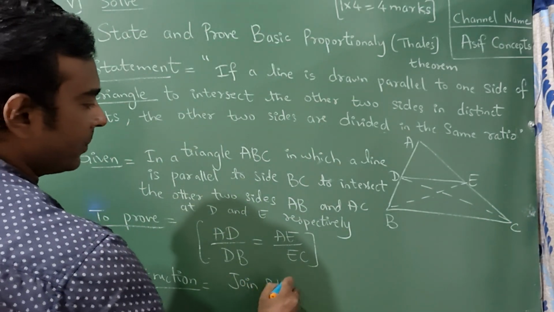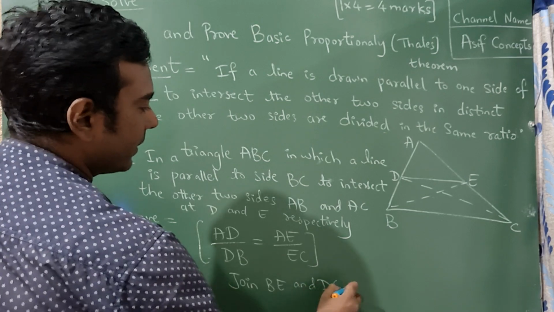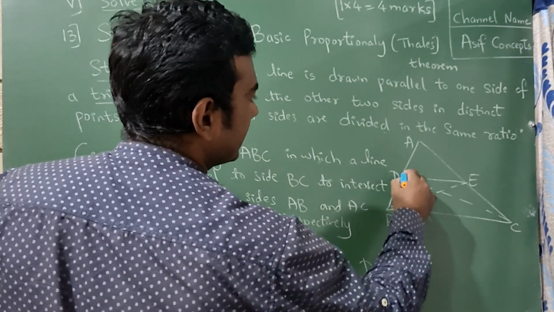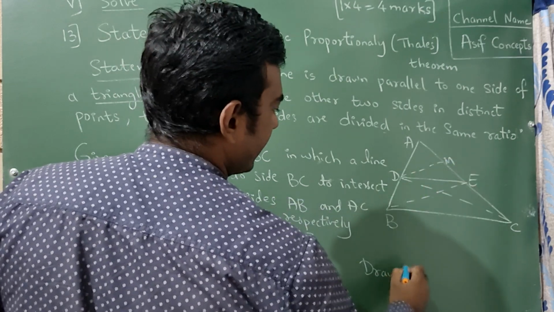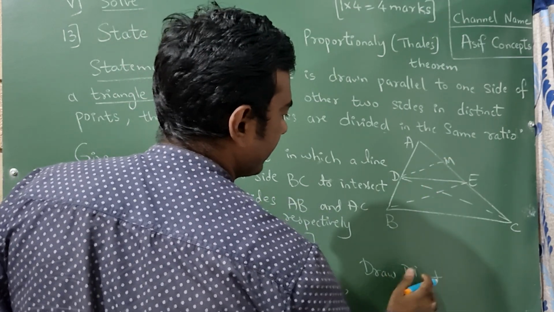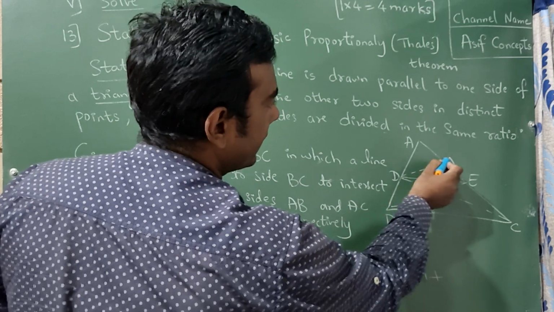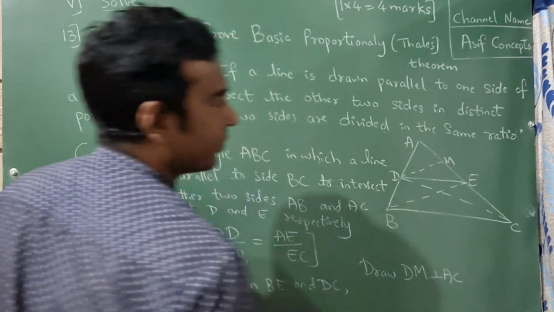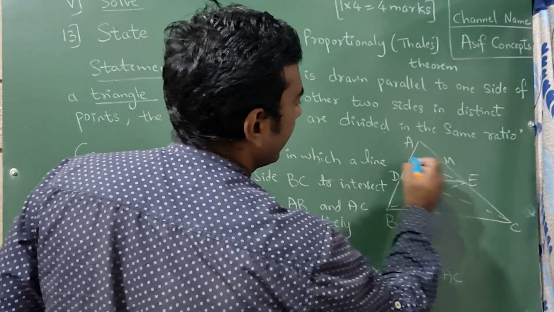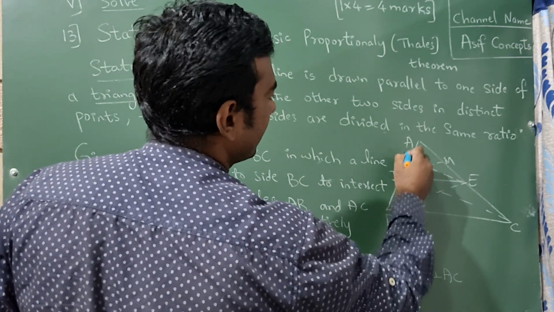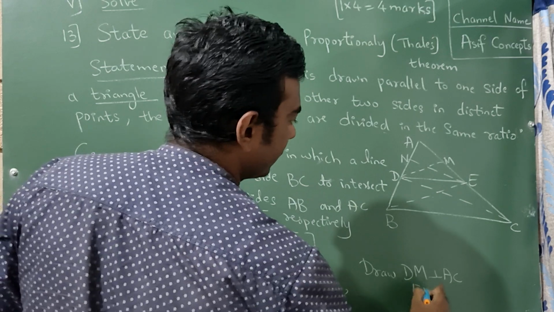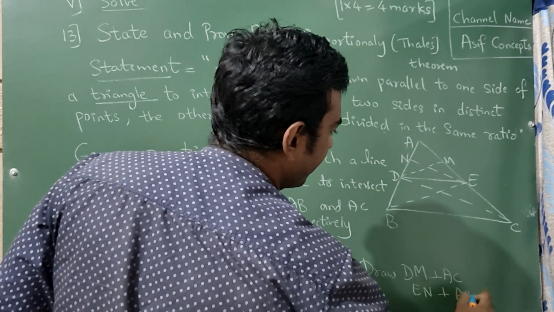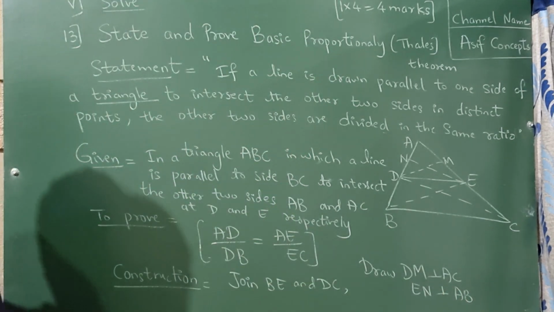Now draw DM perpendicular to AC, and draw EN perpendicular to AB. Construction part is also over.